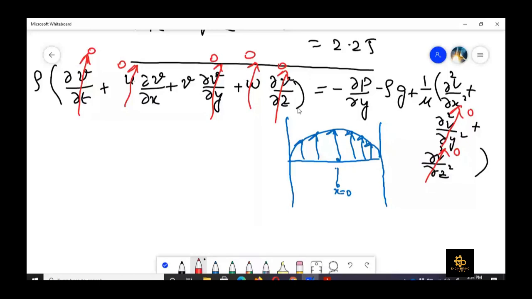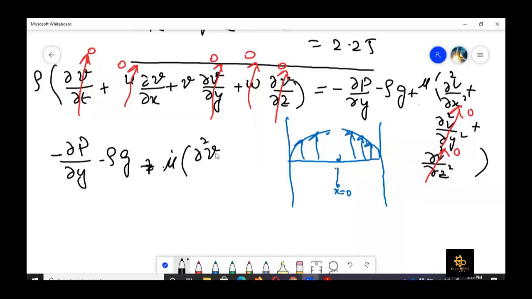So now we are left with the equation minus partial p by partial y minus rho g plus mu into partial square v upon partial x square is equal to 0.